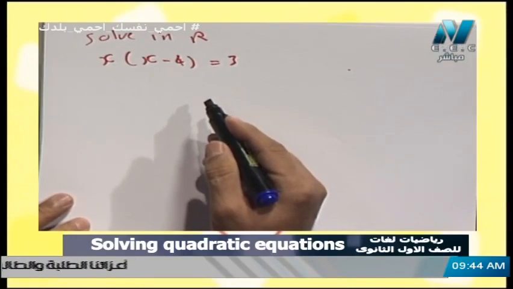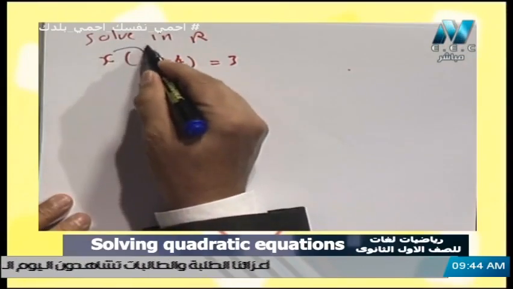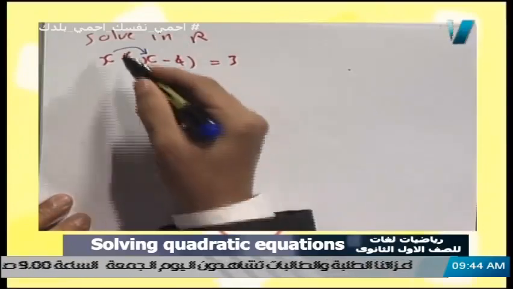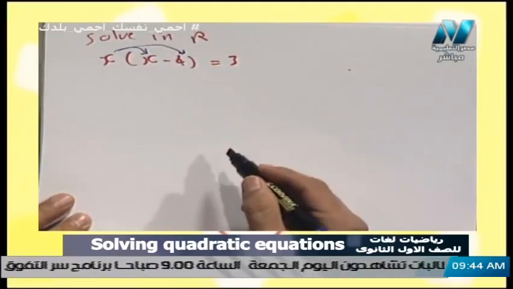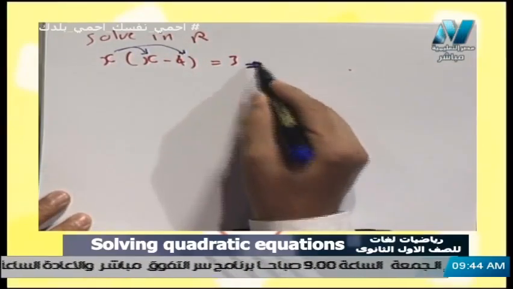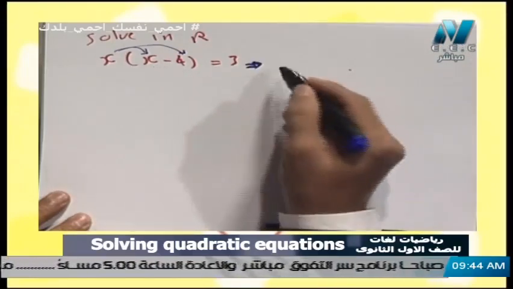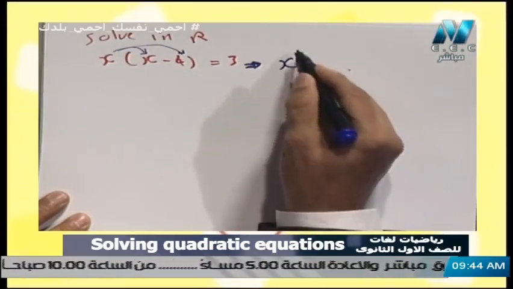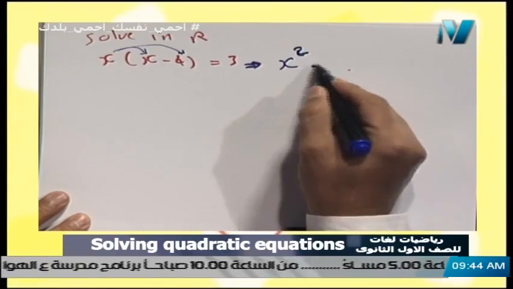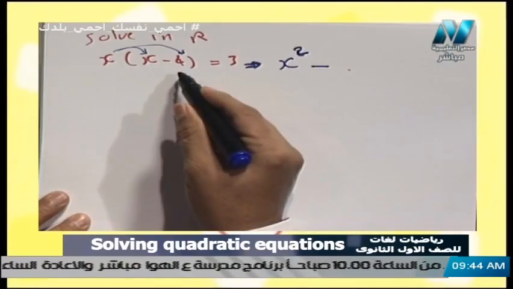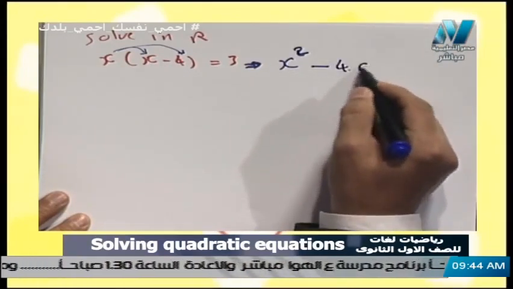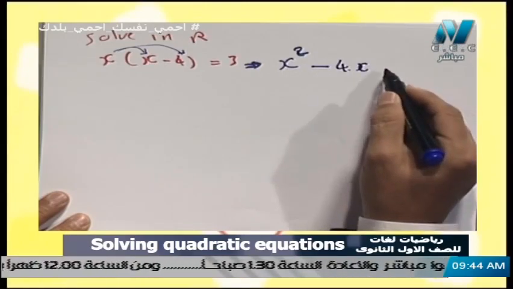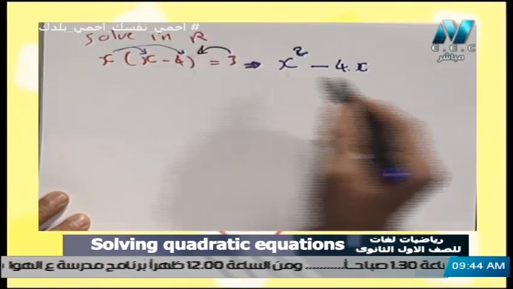By putting the formula, we multiplied x by x and also x by negative 4, and the answer of course will be x times x equals x power 2, x times negative 4 equals negative 4x, and we can transfer 3 to be negative 3 here.